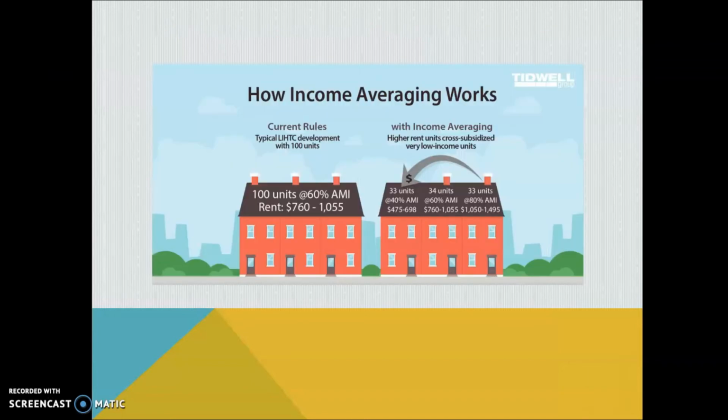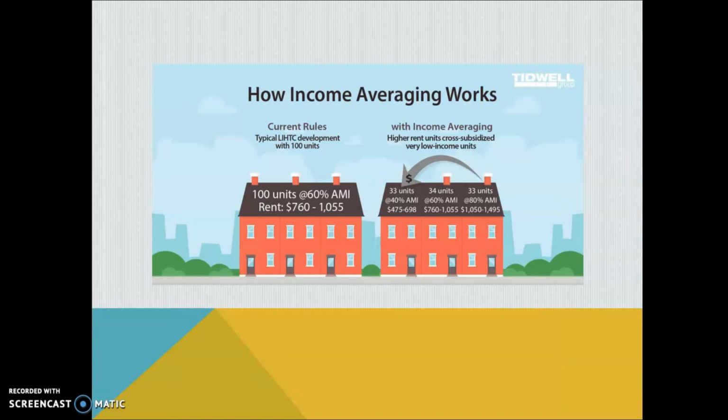Okay, for the income averaging, this diagram illustrates how income averaging works. The left side of the diagram shows 100 units at 60% AMI, where the rent is $706 to $1,055, and the next picture shows the income averaging, where the higher rent units are subdivided for the low income units.